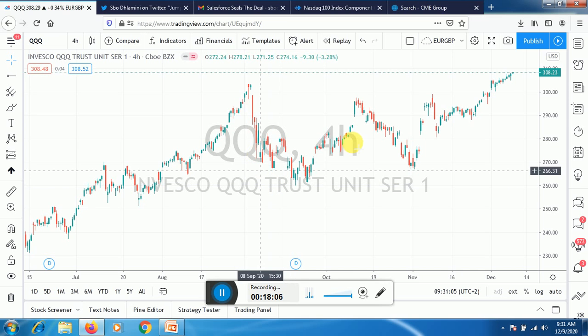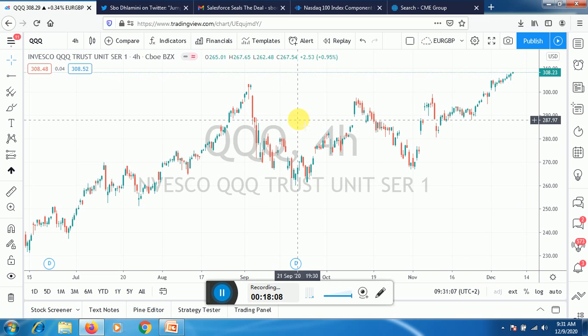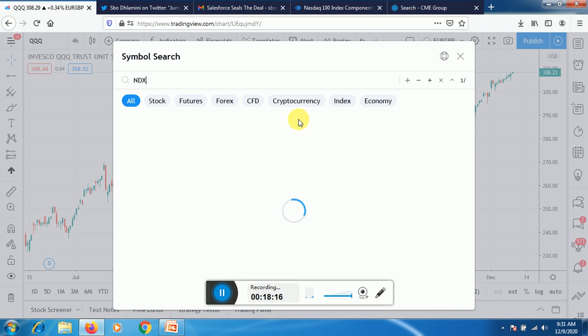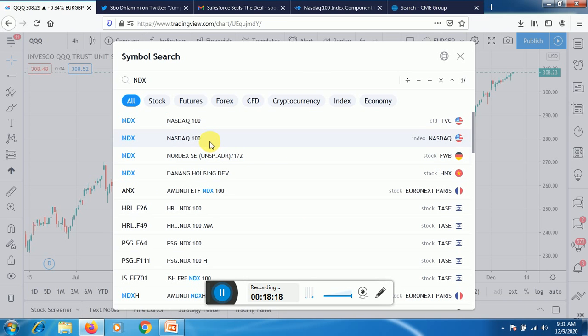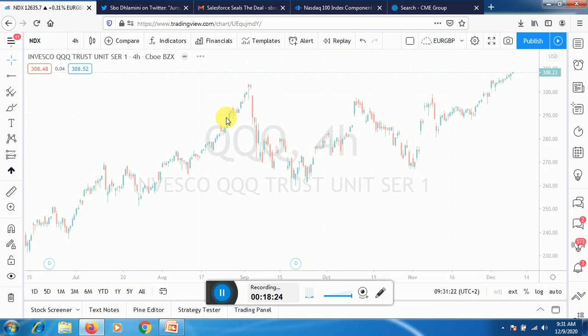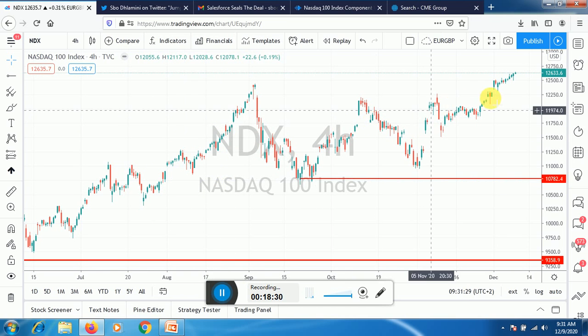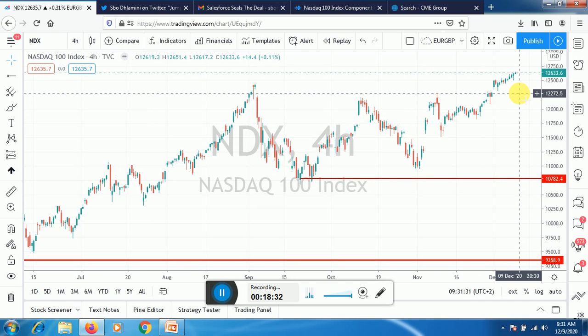This is the ETF, the QQQ, and then the NASDAQ 100 itself, NDX. You see, it's also trading in a similar pattern as the futures.